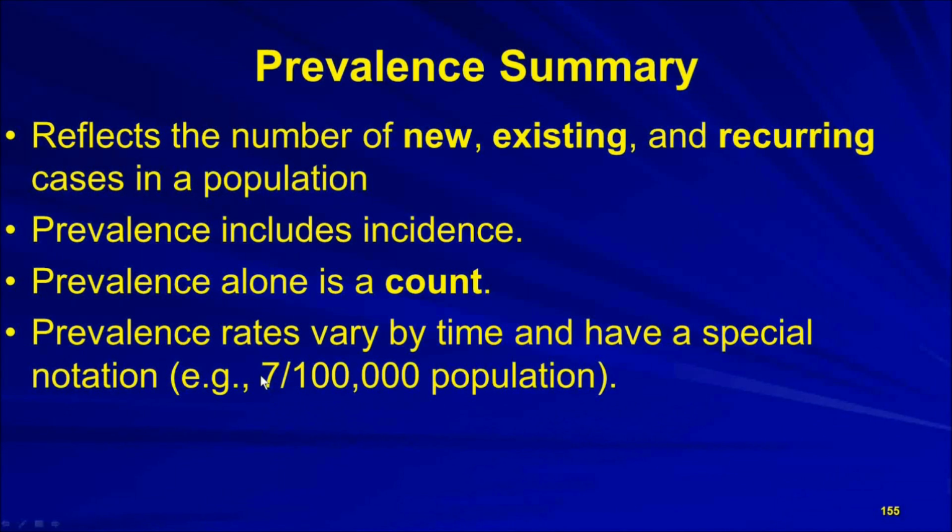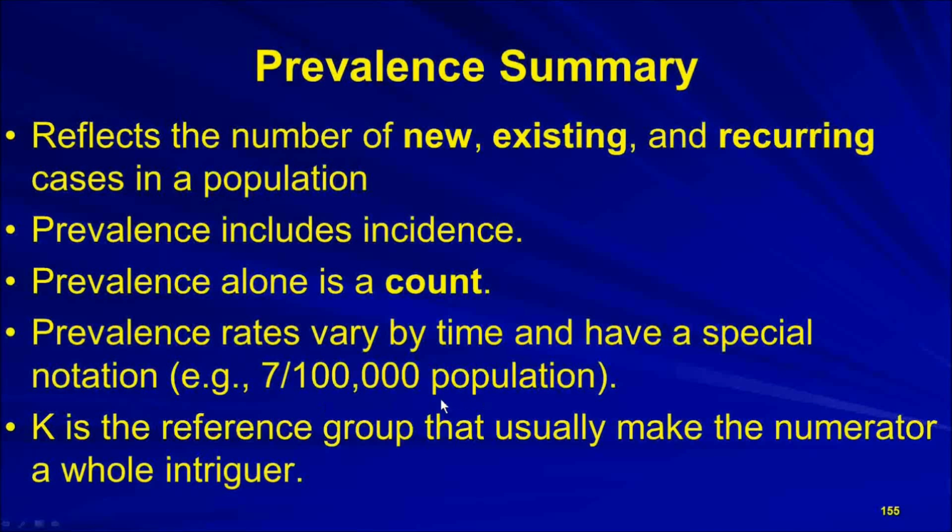This is 7 cases per 100,000 people or population, and that's how you say it. Okay, 7 cases per 100,000 people. And K, which is the 100,000, is the reference group that usually makes the numerator a whole integer.